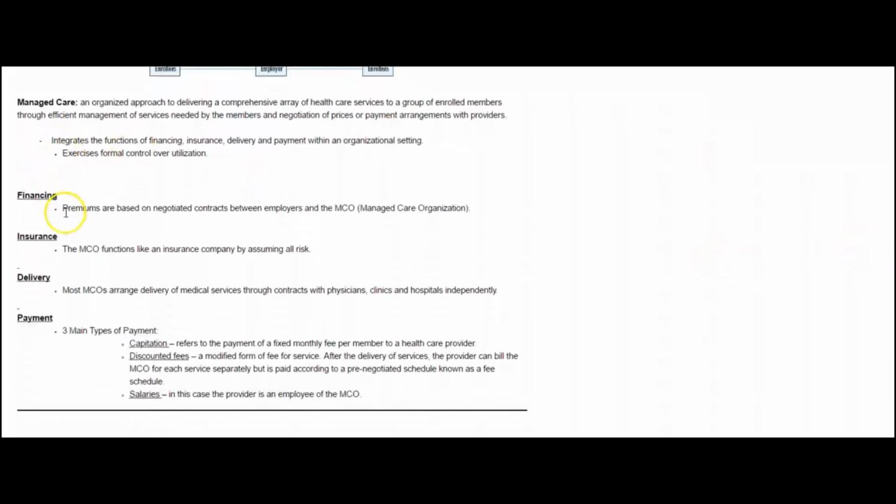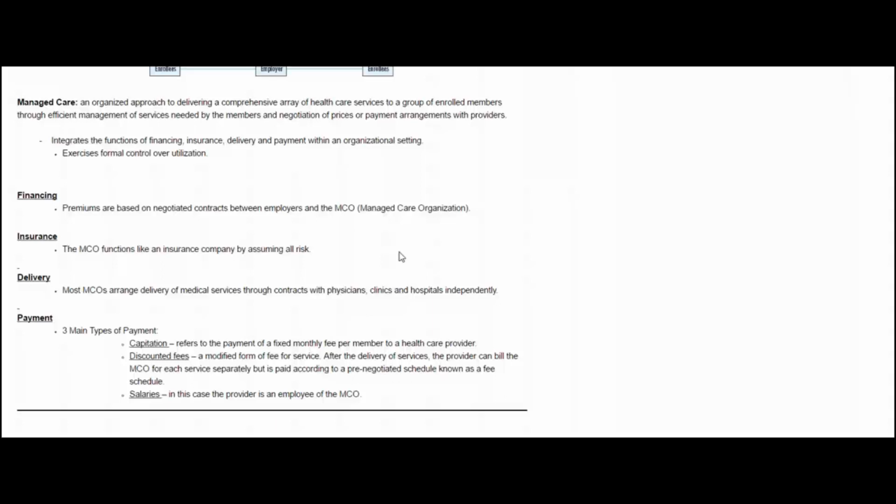Again, here are the financing, insurance, and delivery and payment, the quad function of a healthcare delivery system, which we have gone through previously. And just to make sure for those of you that made note of it, other than just the integrating of these quad functions, I was also focusing on some of the inefficiencies that are created by managed care that need to be touched on.